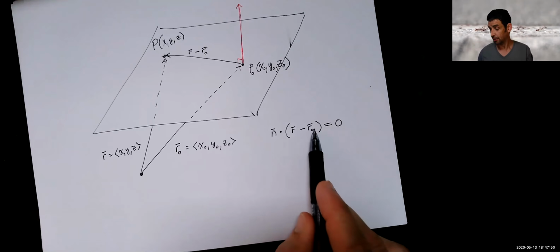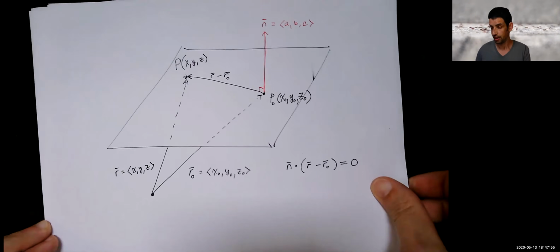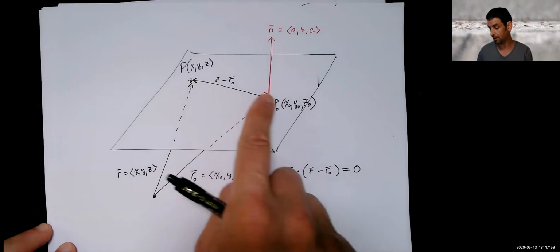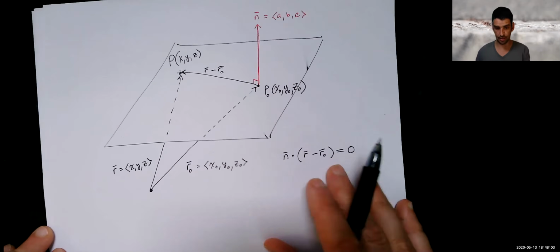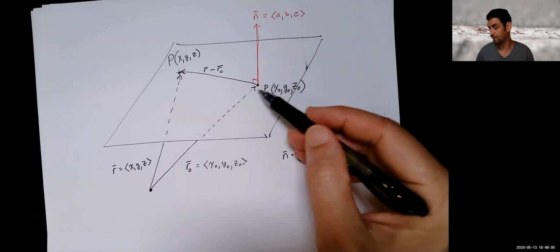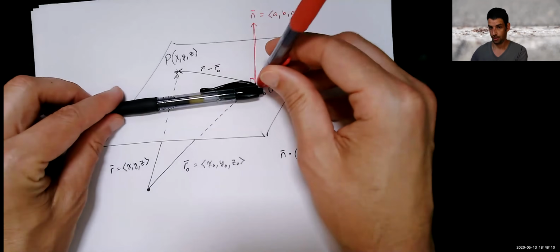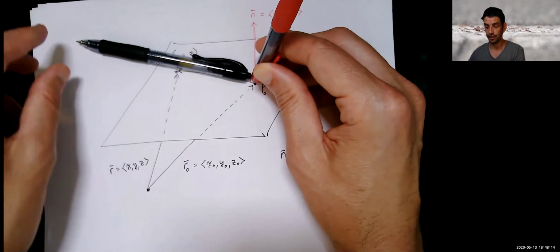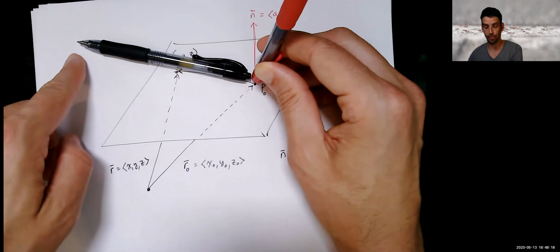Okay? Now, let's convince ourselves, just with our imagination, that this only works out for points in the plane. What you should really be imagining right now, for instance, is a piece of paper. This would be my normal, coming out of the paper. This is a vector in the plane, pointing from the point in the plane here to some other point in the plane.